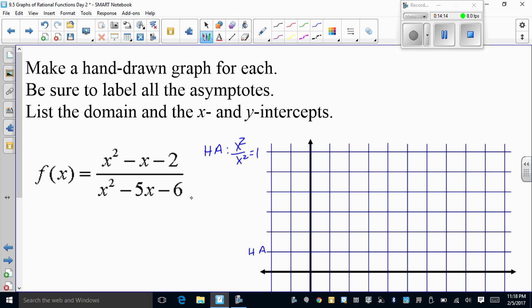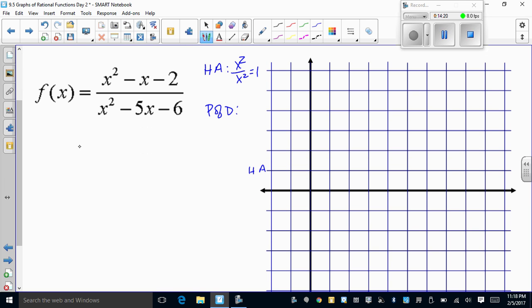Point of discontinuity we have to look for. The top factors as negative 2 and 1.